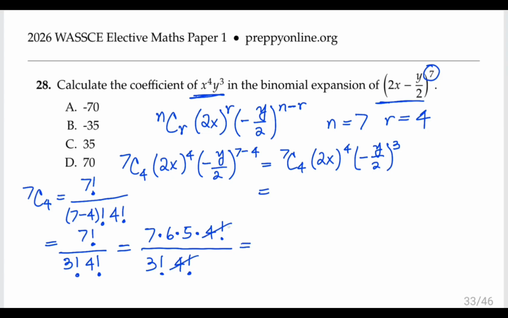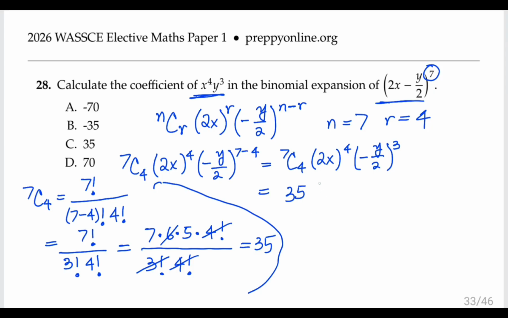Then you have 7 times 6 times 5 over 3 factorial. 3 factorial is equal to 6. So we have 7 times 5, which is 35. So we substitute that value into what we have here. We have 35, that's 7 choose 4.